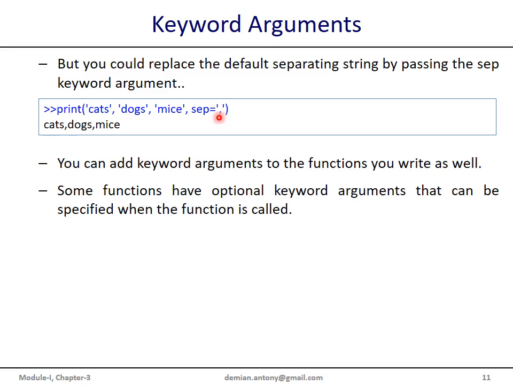Here we have used a special character, comma, and the result of the print statement is cats, dogs, mice. This is how the programmer can use the keyword arguments while defining custom functions, as well as with built-in functions.